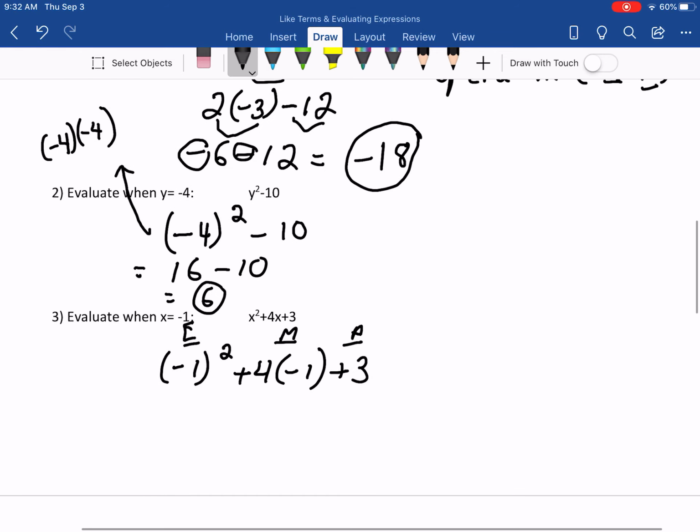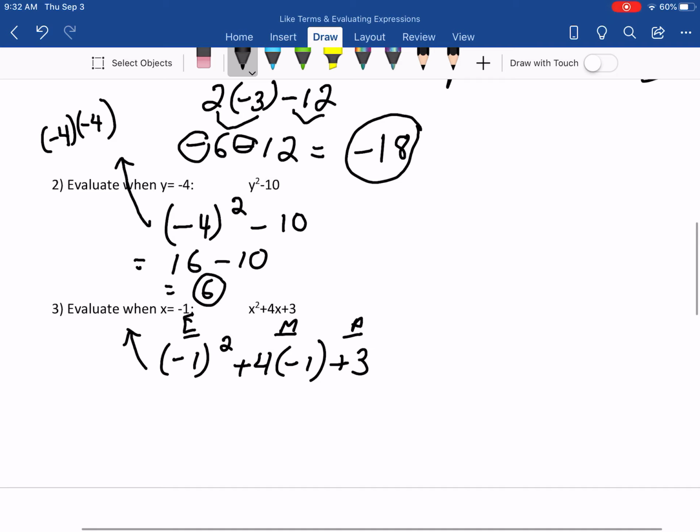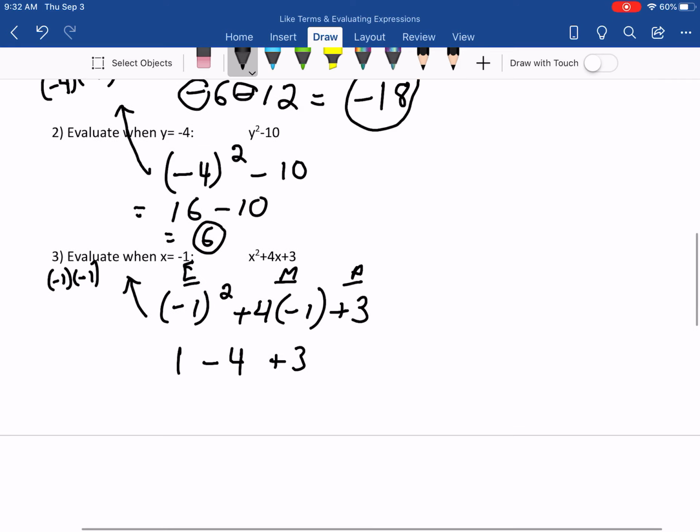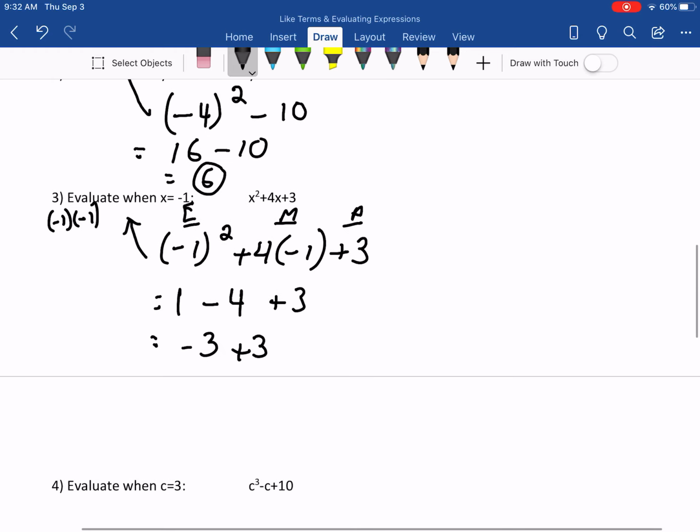So we'll do it in this order. -1 squared means -1 times -1, which is +1. Then we're going to multiply 4 times -1, -4, and plus 3. Okay, 1 minus 4, -3, plus 3, which is 0.